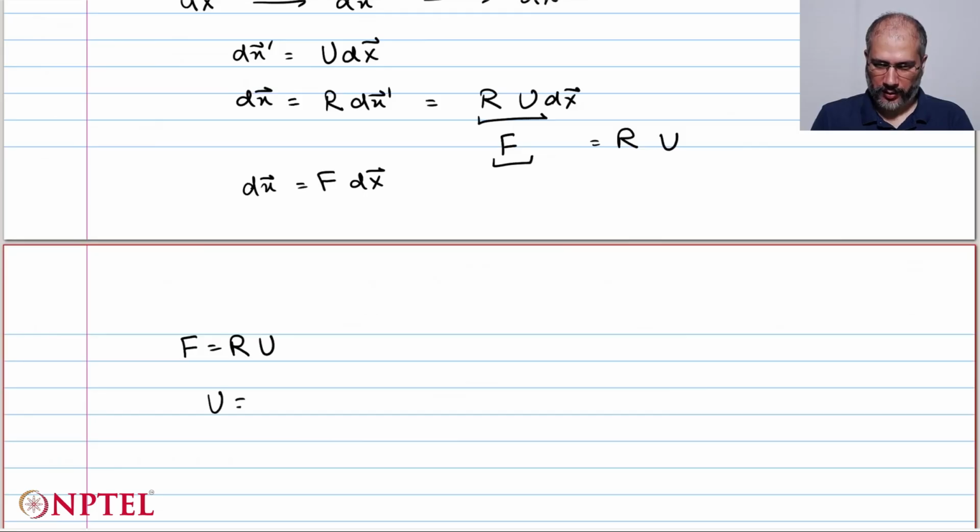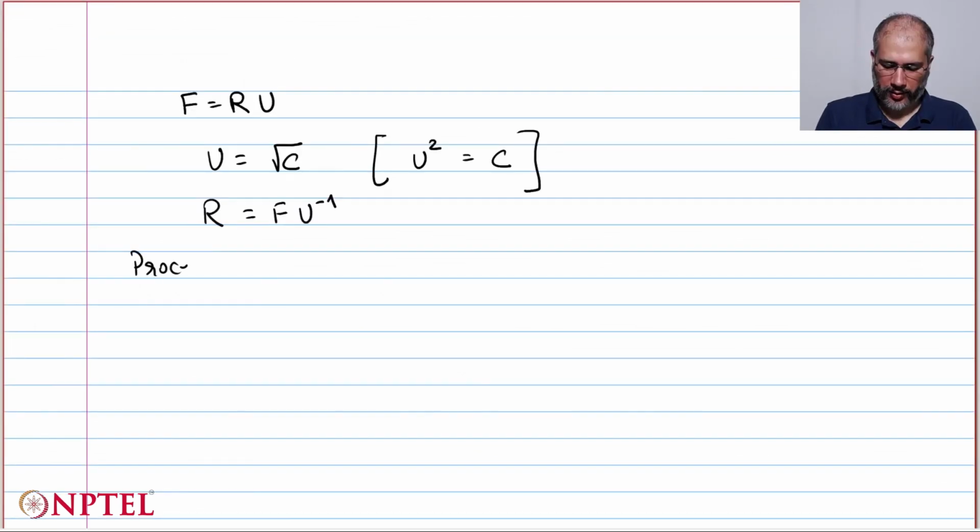So U is given as a square root of C. This basically means in terms of matrices that U squared, that is U dot U, is equal to C. And the rotation tensor R then is simply F dotted with U inverse.